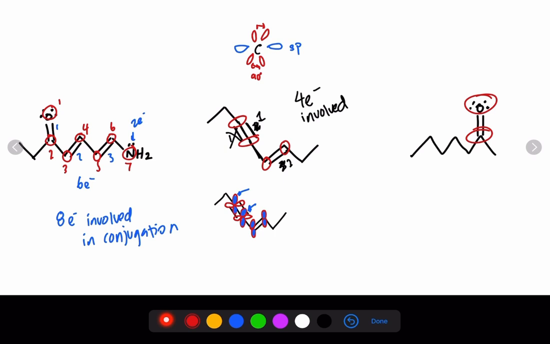However, there are only 2 sp2 atoms connected. 0 electrons are involved in conjugation. This molecule is not conjugated. You have to remember that you need 3 or more atoms involved for a molecule to be considered conjugated.